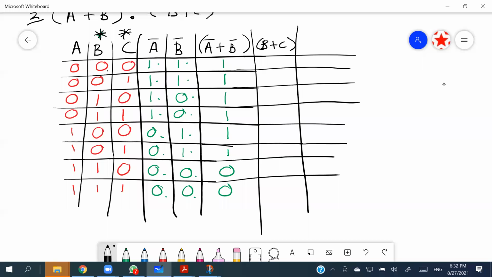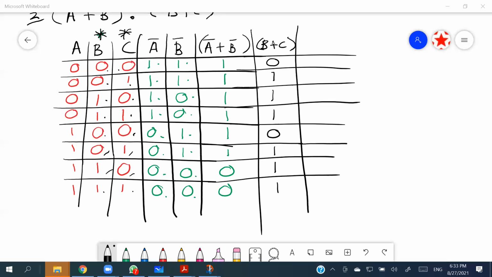So 0 plus 0 is going to give you a 0. 0 plus 1 going to give you a 1. 1 plus 0 going to give you a 1. 1 plus 1 going to give you a 1. 0 plus 0 going to give you a 0. 0 plus 1 going to give you a 1. 1 plus 0 going to give you a 1, and 1 plus 1 going to give you a 1, right?